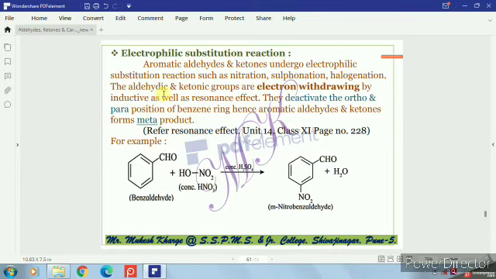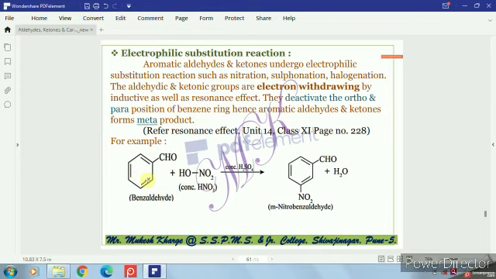So aldehydic and ketonic group, means CHO and C double bond O group, are electron withdrawing groups because that carbon is electron deficient and it withdraws the electron from your benzene ring by inductive as well as resonance. This is electron deficient, so it withdraws the electron from next carbon of the benzene ring. So as these groups are electron withdrawing, they are meta director and they are deactivator. So they deactivate the benzene ring.